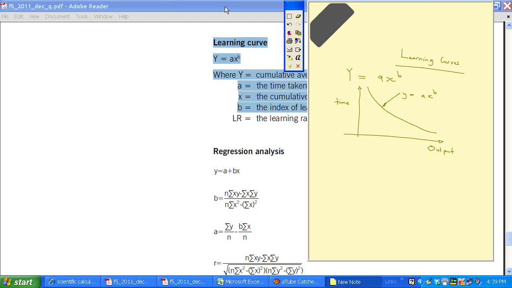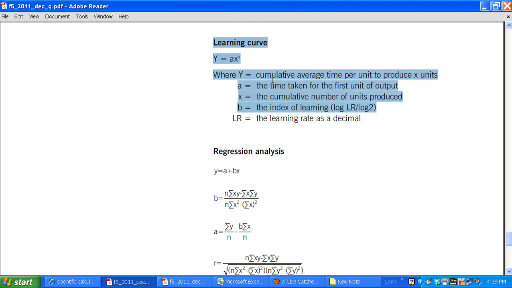And we can define the various variables. a is the time taken for the first unit of output. x is the cumulative number of units produced. b is called the index of learning. It's given by the log of the learning rate over the natural logarithm of 2. Then L is what they call the learning rate.